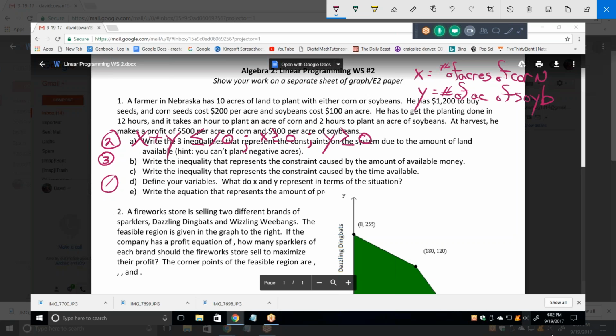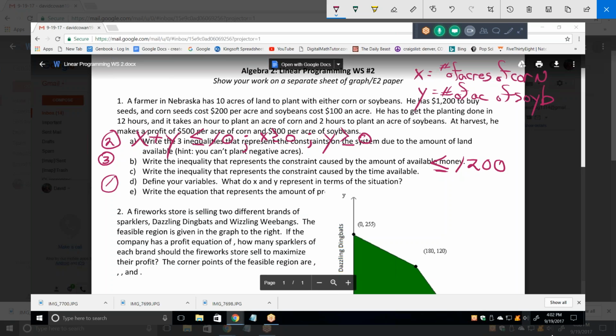Okay? Write the inequality for B. Write the inequality that represents the constraint caused by the amount of available money. Well, he's got $1,200. So something is going to have to be less than or equal to 1,200, right? Right.